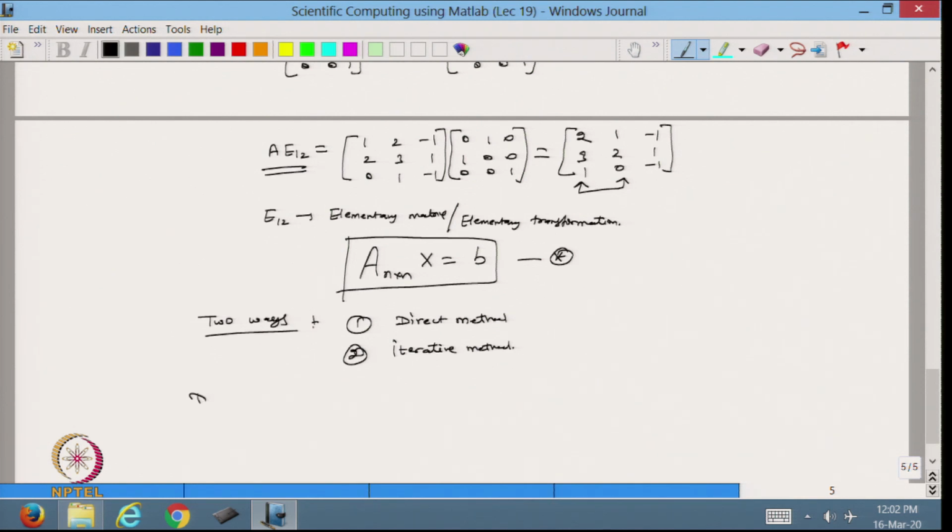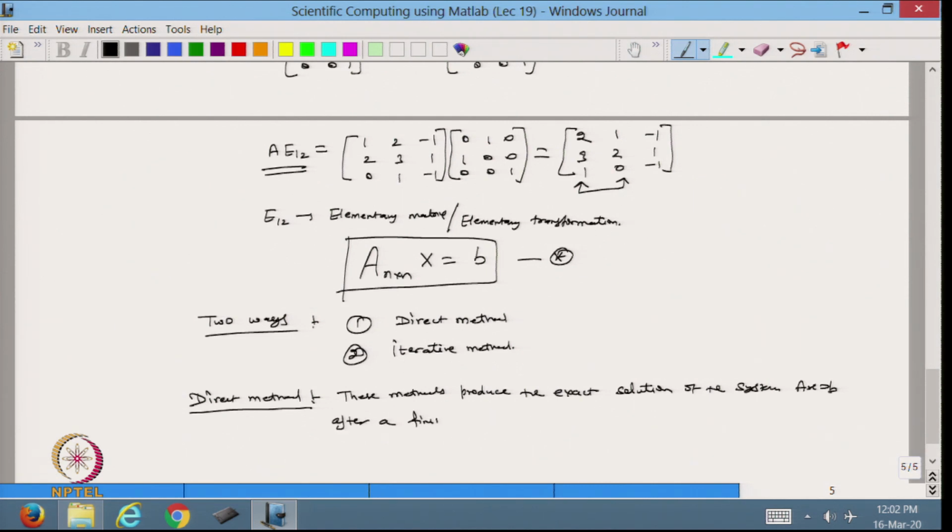So, let us write the definition of direct method. These methods produce the exact solution of the system Ax = b after a finite number of steps.